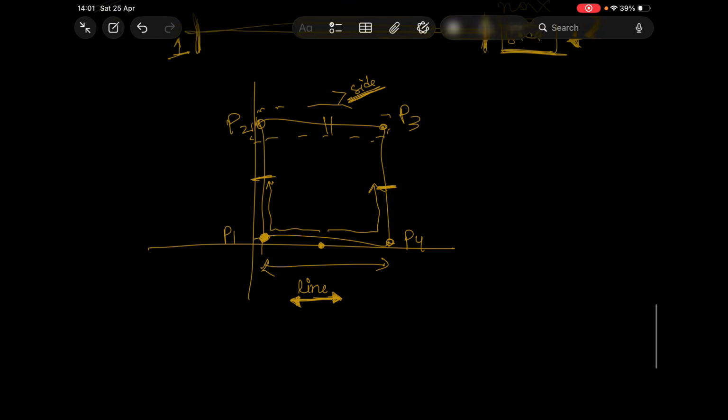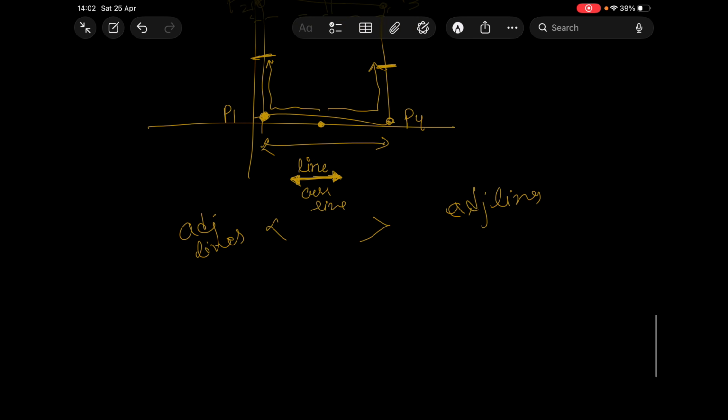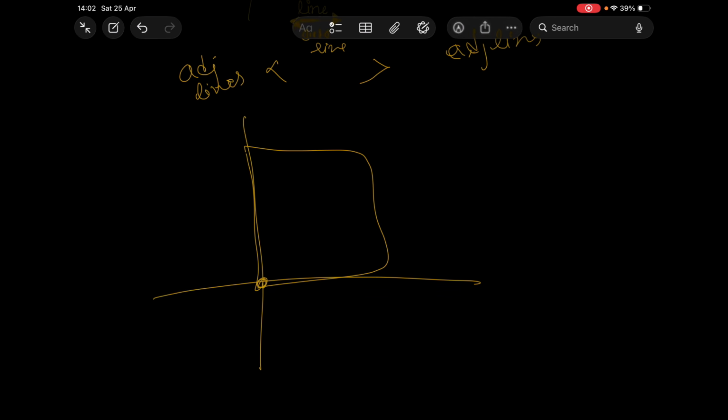So what I need to consider is my current line and the adjacent lines. Okay, this is what I have to consider. Now, if you see again on this Cartesian plane, this is my point.